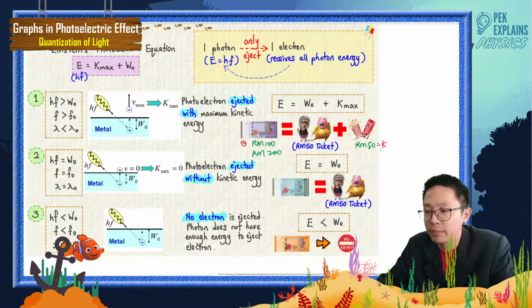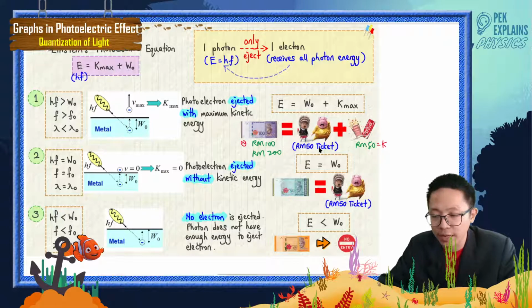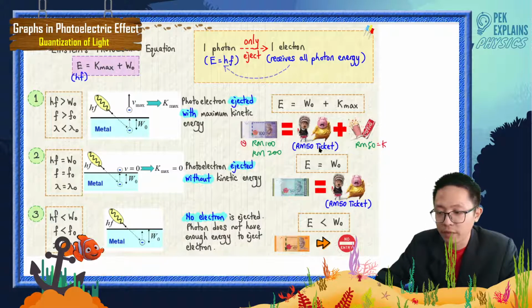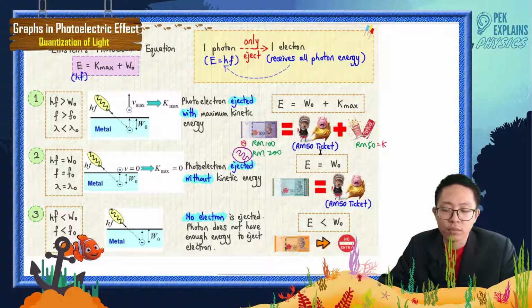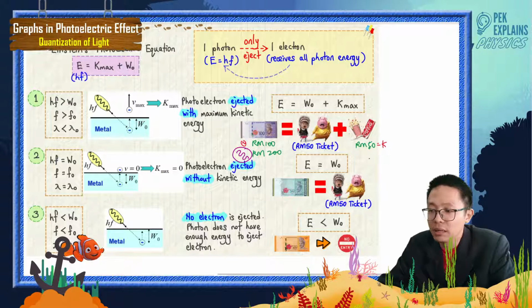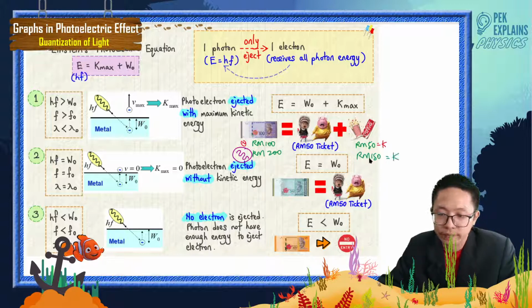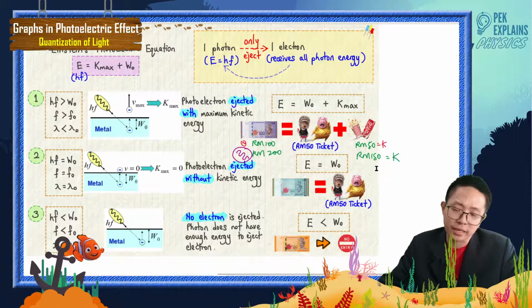Well, now we use the violet, ultraviolet light, a bigger bundle of energy. So the electron absorbs a lot of energy from the photon. So minus the work function, you still have 150 ringgit remaining as kinetic energy.